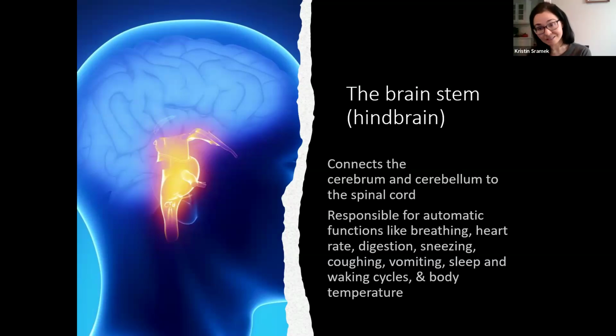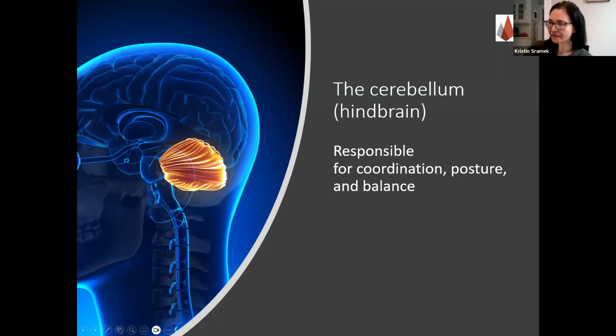So you wanting to and falling asleep and then being awake during parts of the day. That is regulated as well as things like your body temperature and your balance. Those are all handled by the brainstem. And actually the cerebellum in particular is responsible for coordination and posture and balance. So we have that as well.